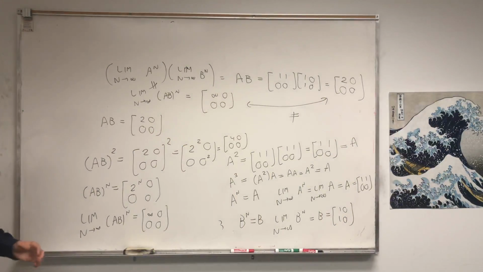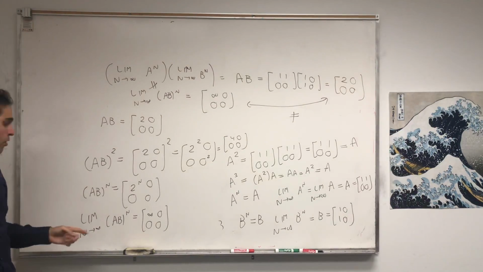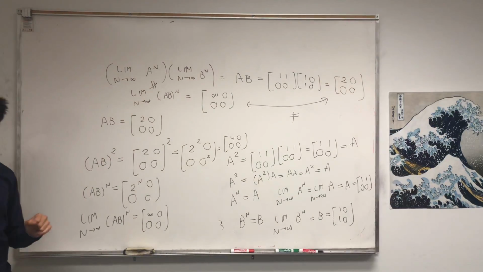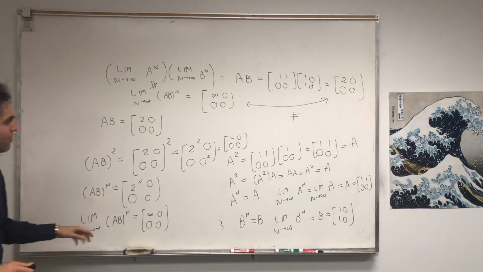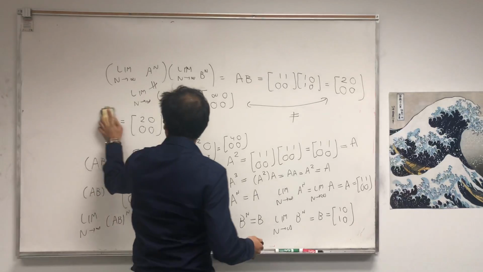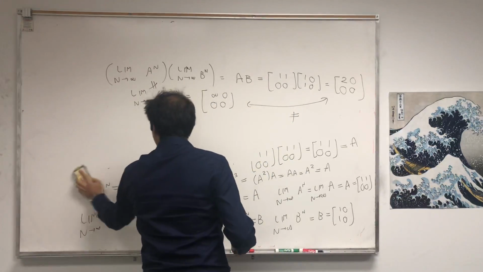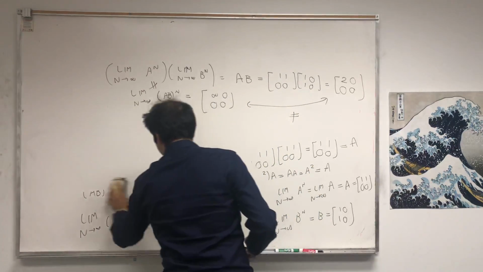Alright, this is all in good order. Just to conclude though, what if you don't like this infinity? What if we actually have a convergent matrix, if you want? Well, no problem. We can modify the example from before.